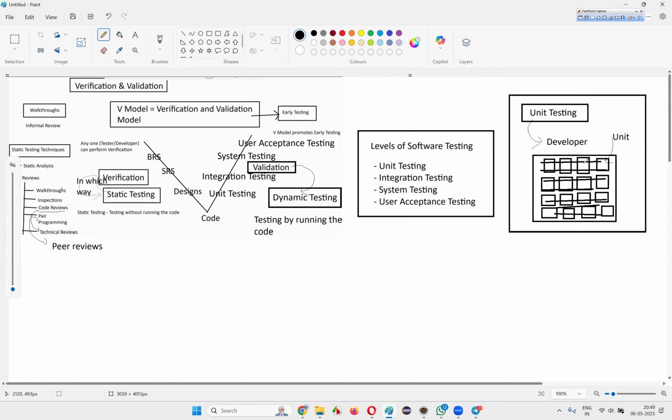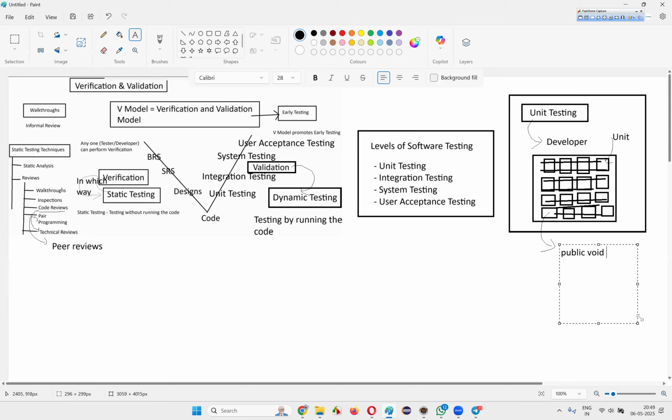One unit can be a method, like public void add, int a comma int b, with System.out.println of a plus b. I'm writing at a high level; this is not the exact code, so if you don't know Java, ignore it. One example of a unit can be this kind of method.